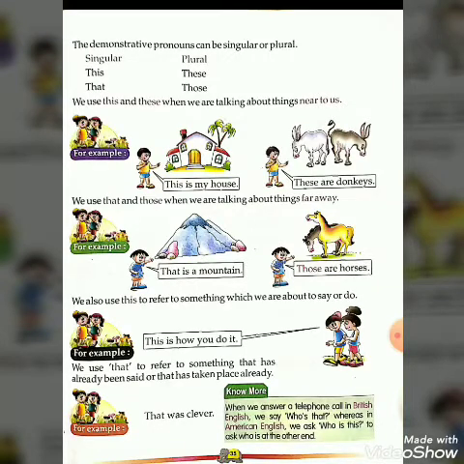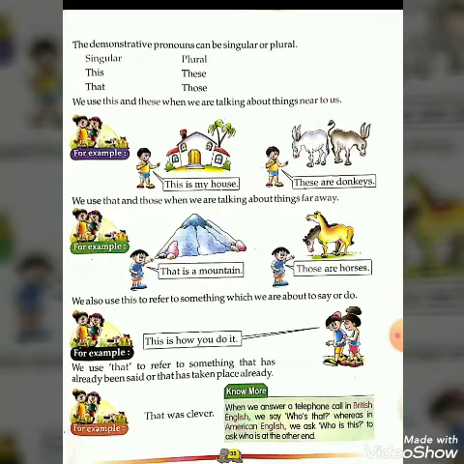We use the word that to refer to something that has already been said or that has taken place already. I am repeating once again, we use the word this to refer to something which we are about to say or do.